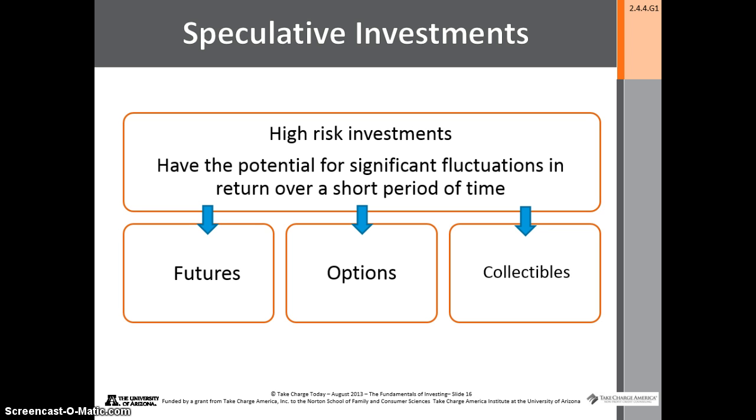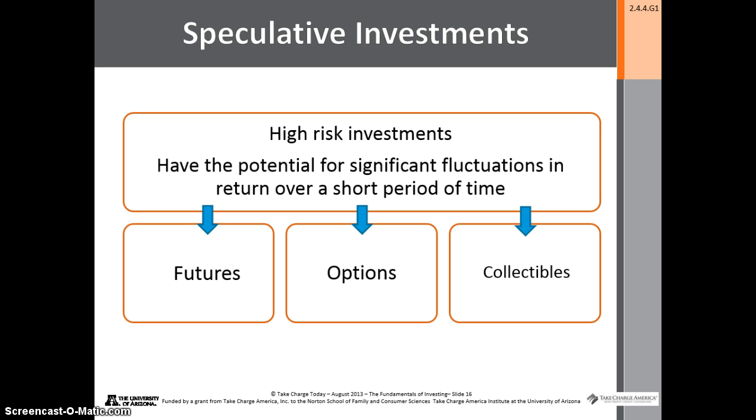There's also options, contract to buy or sell a financial asset at a specific point in the future at a specified price. So, an example of an option would be like real estate.